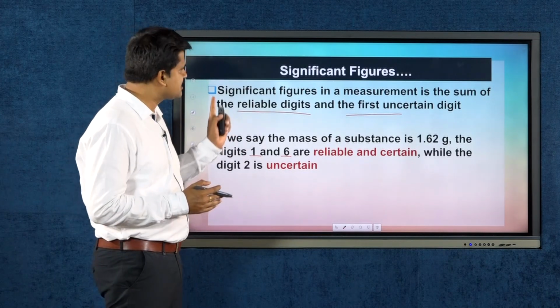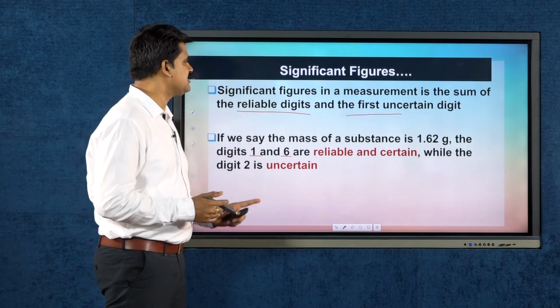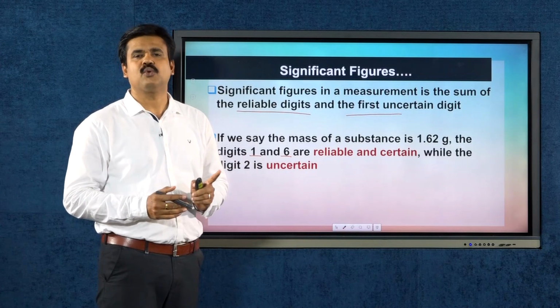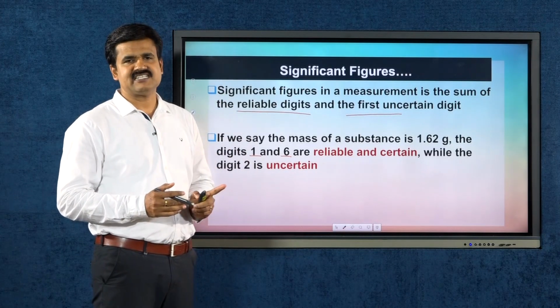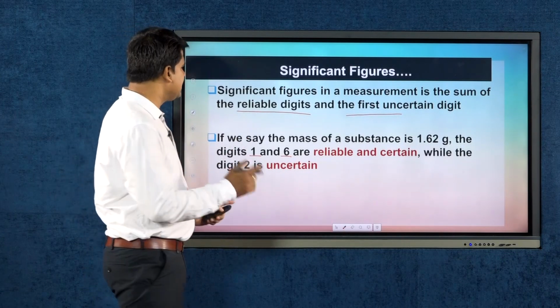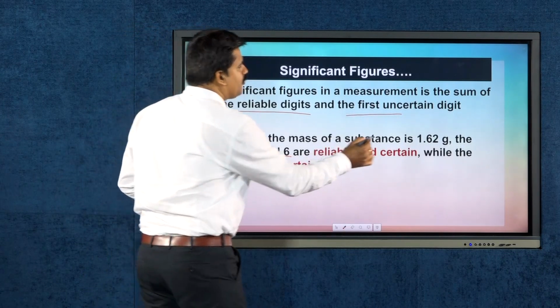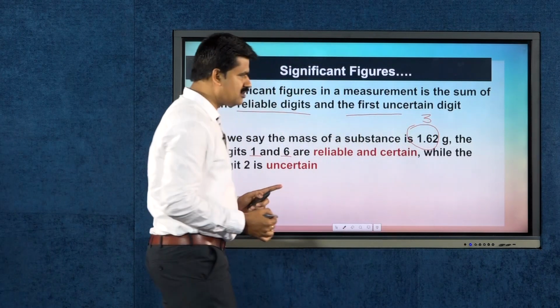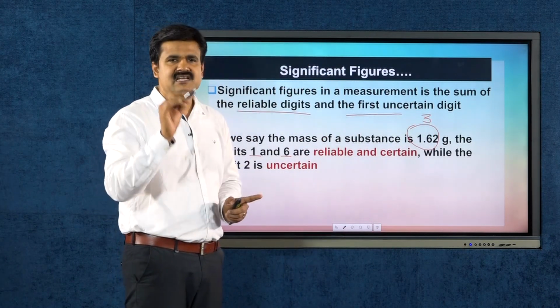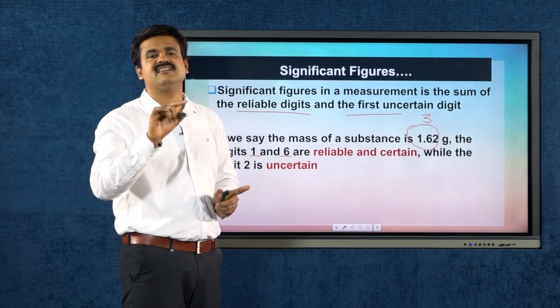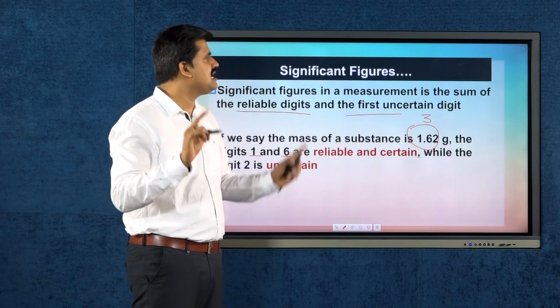So, the sum of the reliable digits, that is 1 and 6, and the first uncertain digit is known as the total number of significant figures. So, here in this measurement 1.62, the total number of significant figures is equal to 3. 1 and 6 are certain and reliable digits, and the last number 2 is uncertain.